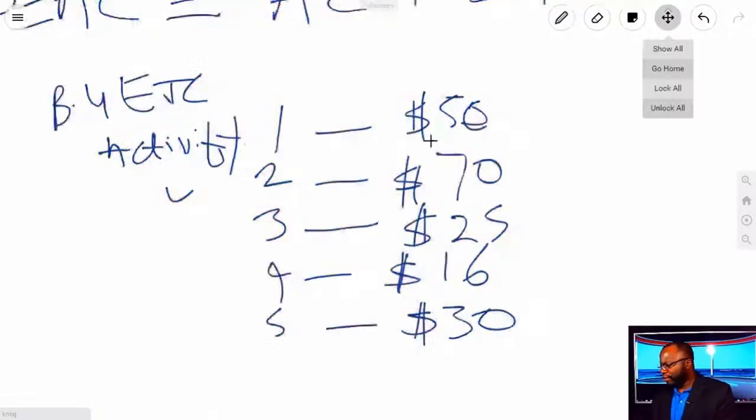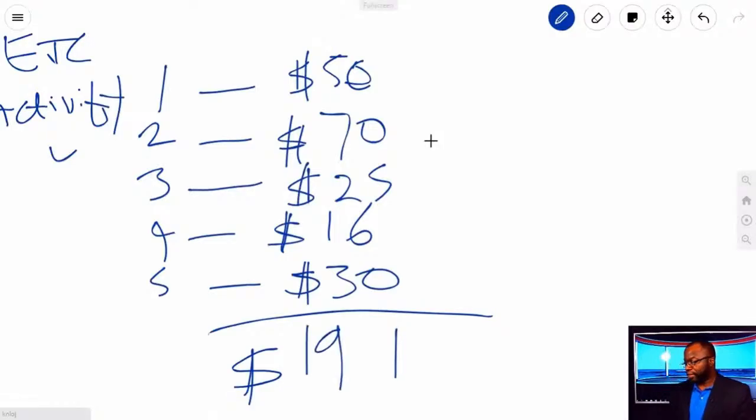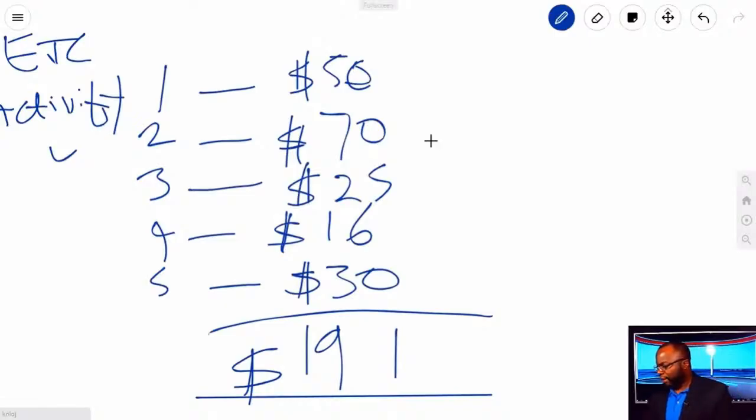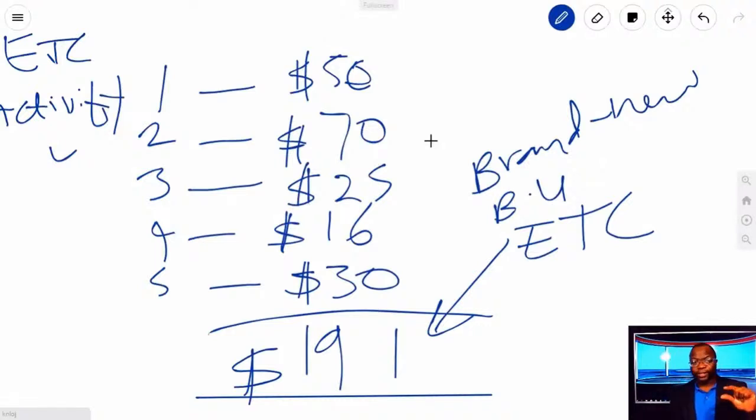Then you sum up everything, and you get your final number. $191 is my ETC, my brand new bottom-up ETC, because I have gone to the granular levels, calculated everything, and rolled it up to a final total.